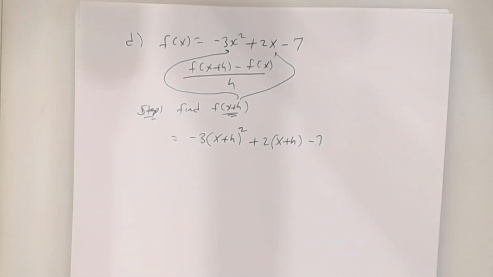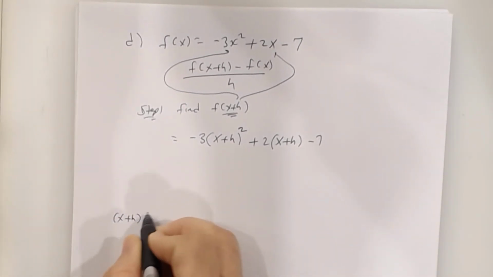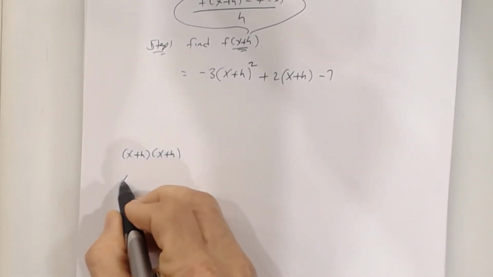Now, remember the previous two that we did, you go off to the side and you figure out what x plus h squared is. It's always going to be x plus h squared all the time. So x plus h times itself. FOIL. What's x times x? x squared.